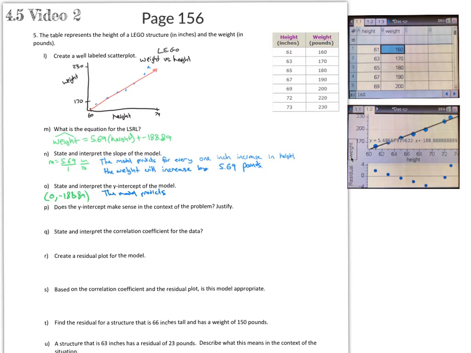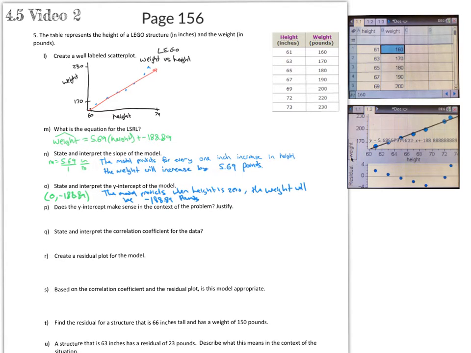So when height is 0, the weight will be negative 188.89 pounds. Right? And immediately your brain should be going like, that's kind of weird.